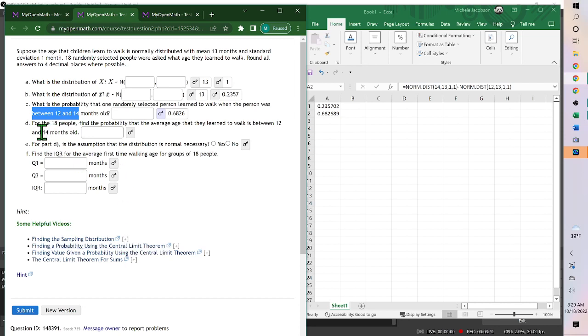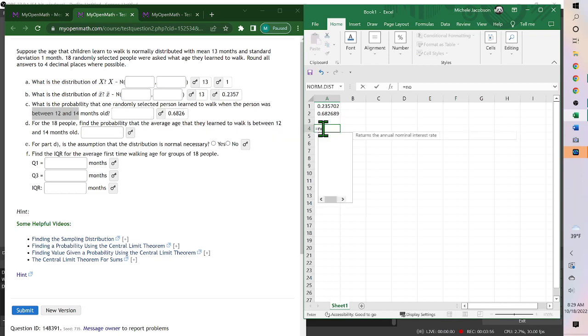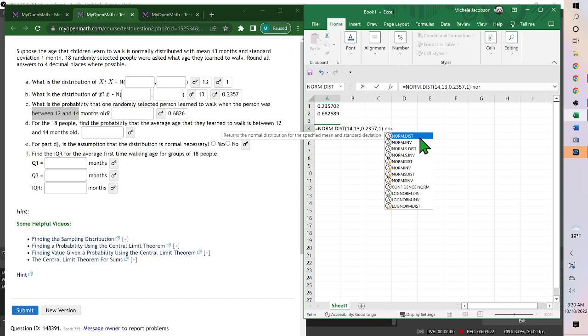The next one says for the 18 people, find the probability that the average age is between 12 and 14. So you do the same thing, the only difference is the standard deviation. So equals norm distribution, then our X value, which was 14, comma, the mean, comma, and then the standard deviation, 0.2357, comma, 1, close parentheses, minus norm distribution.